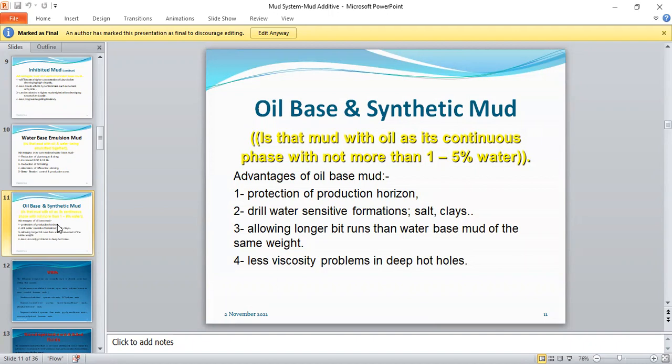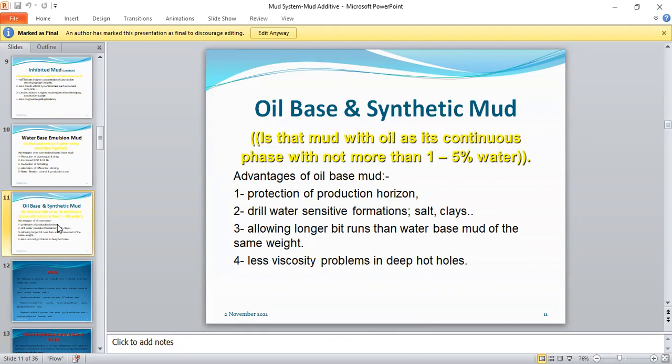Fourth, less viscosity problem in deep hot holes. Oil-based muds are more resistant to high temperature.